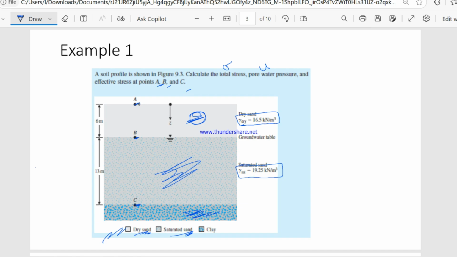So at point A, the total stress will be distance times unit weight. Here the distance is 0, so the total stress will be 0.